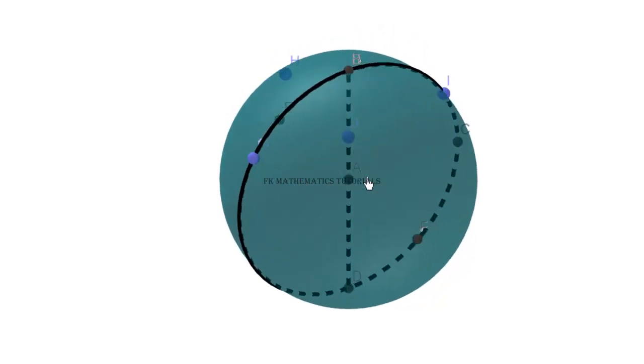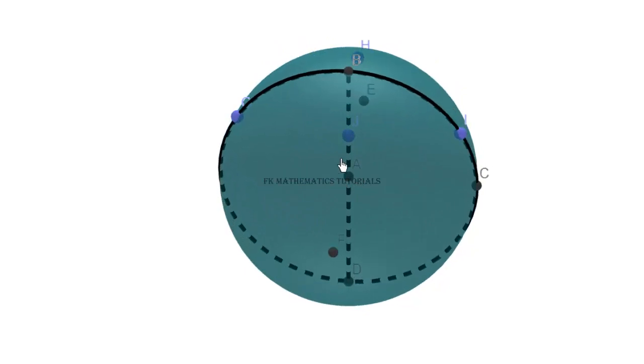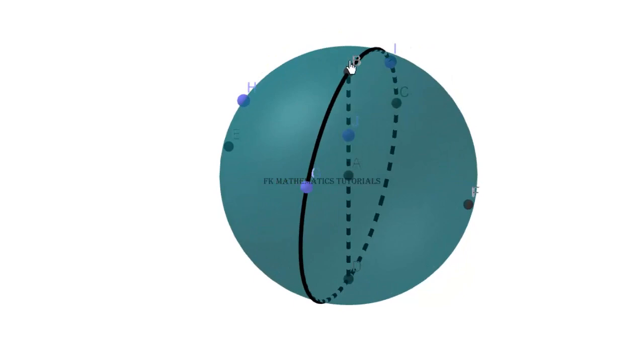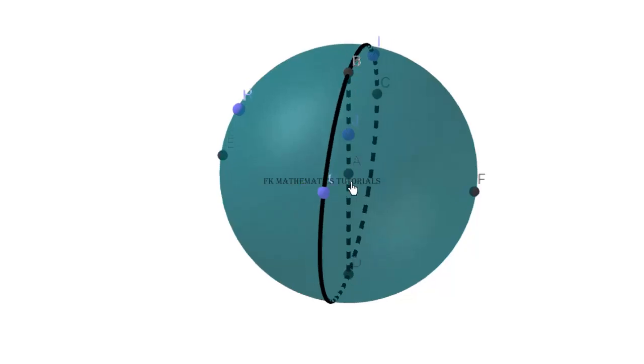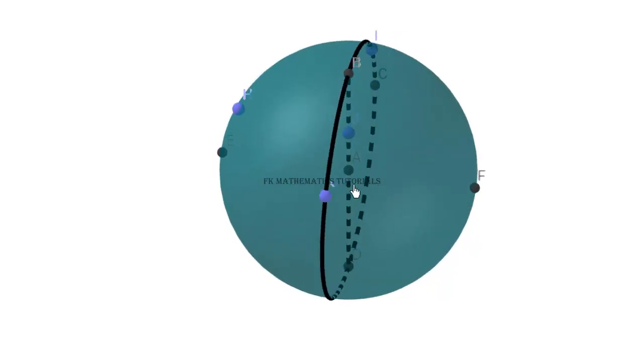So this great circle here divides the sphere into two equal parts, two equal halves. Now, one half from the pole to the next pole, we can call it the longitude.